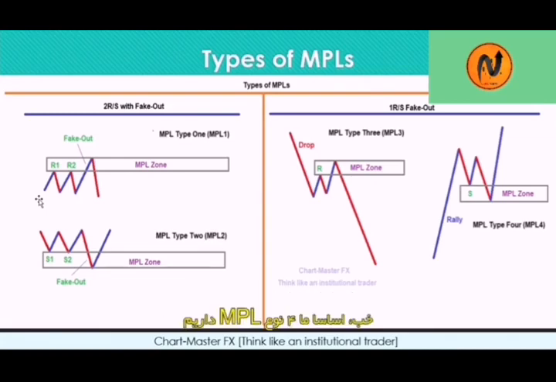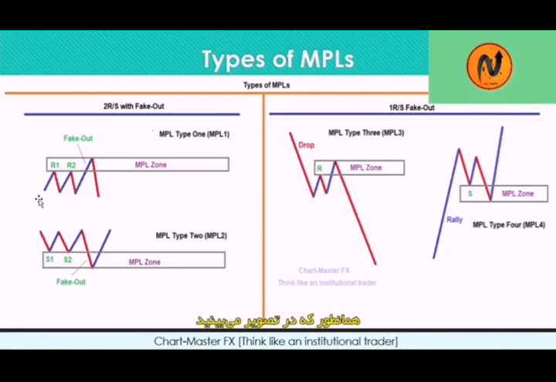So basically we have 4 types of MPLs. We have the type 1, the type 2, the type 3, and the type 4. These are actually categorized into 2: the 2 RS with fake out, and the 1 RS with fake out.